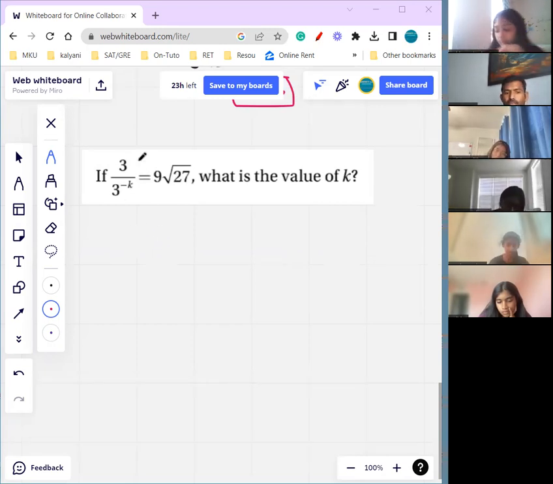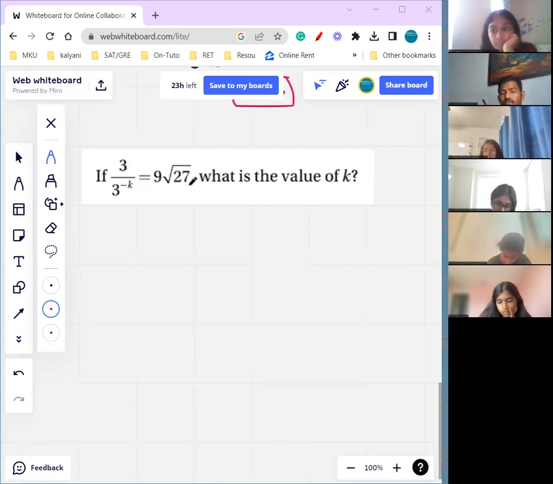Okay, so first of all, when I look at this question, I'm dealing with radicals. My first thought is what's the best way to answer this question. The first thing I'm going to do is see the 3 is the base here, so I'm going to bring everything to the base of 3.